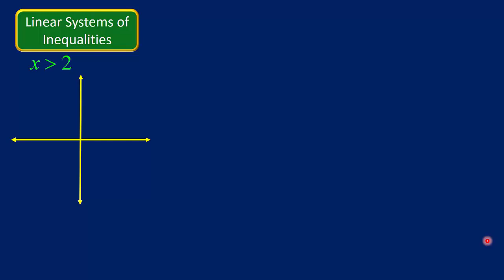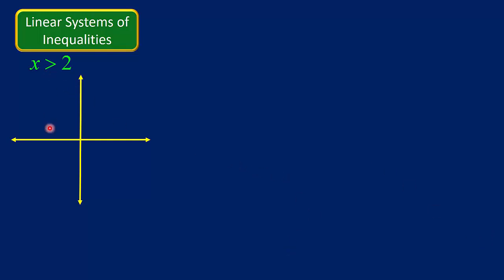But if we're in the context of two dimensions, so we've got the x-axis and the y-axis, then what we're looking for are not the numbers that are bigger than 2. We're looking for the ordered pairs such that the x-coordinate is bigger than 2. In other words, we're looking for a bunch of ordered pairs, a region.